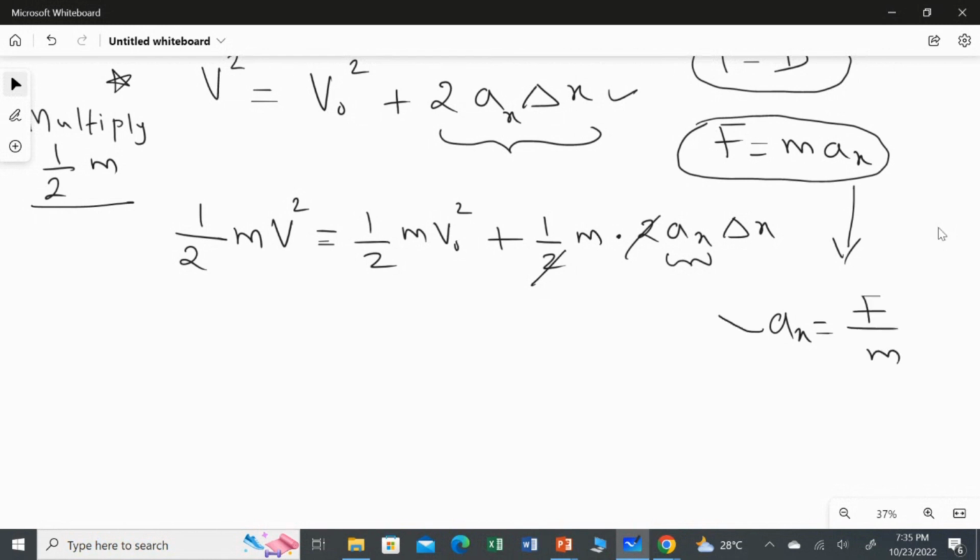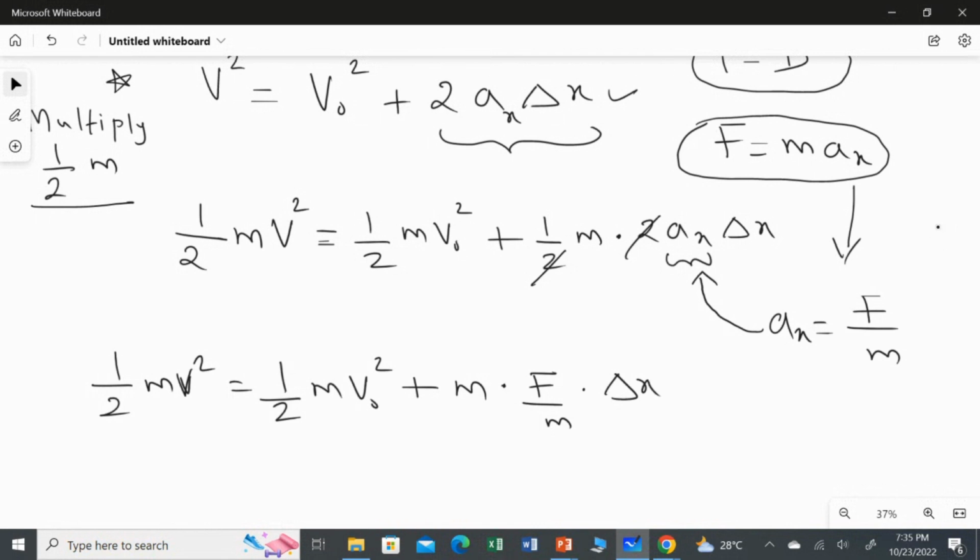Now I'm going to substitute this here. So what will happen? Your equation becomes half m v squared equal to half m v naught squared plus m multiplied by, in the place of a of x, I have to substitute this F over m. Therefore, F over m multiplied by delta x.